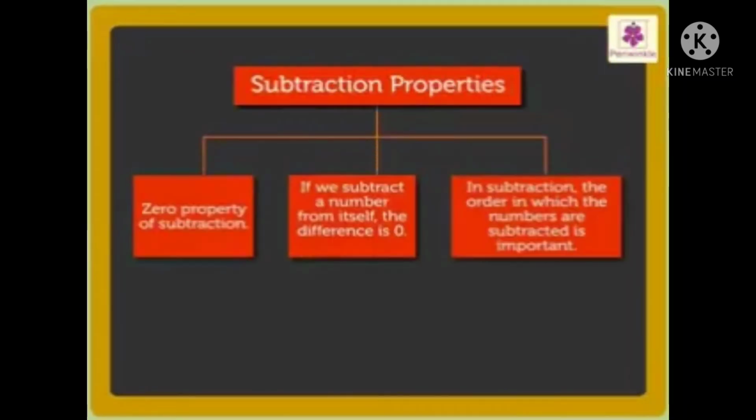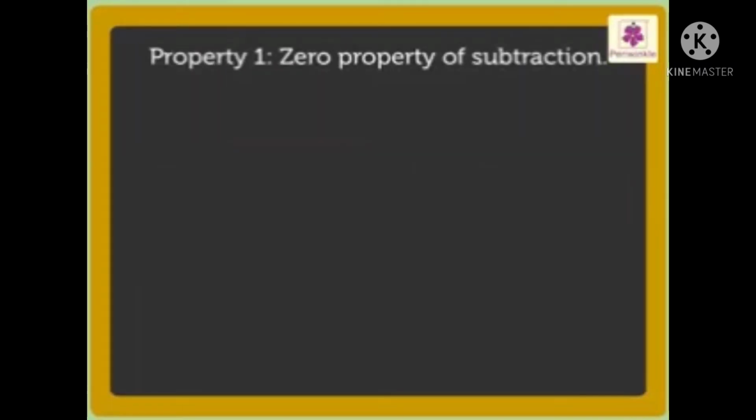Now, let us revise the subtraction properties. Property 1. Zero property of subtraction. In this property, 0 is always taken as the subtrahend. Let us take the numbers 6 and 0. When we subtract 0 from 6, we get the difference 6.